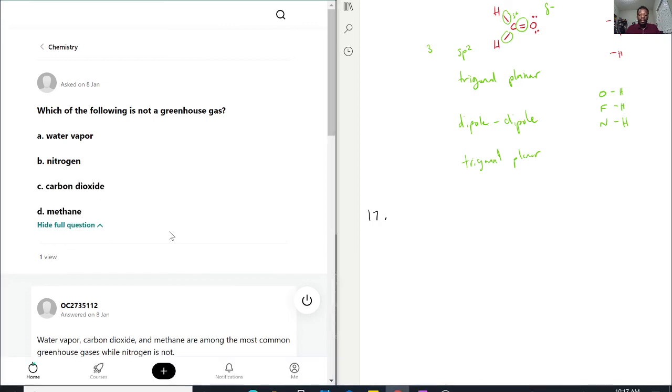We have A, water vapor, B, nitrogen, C, carbon dioxide, and D, methane.